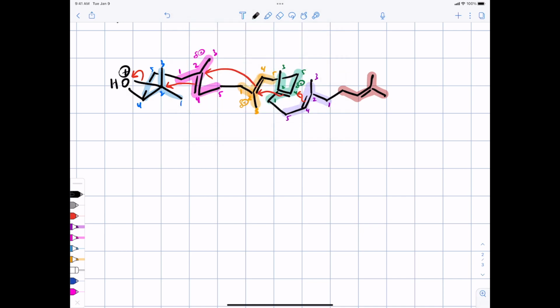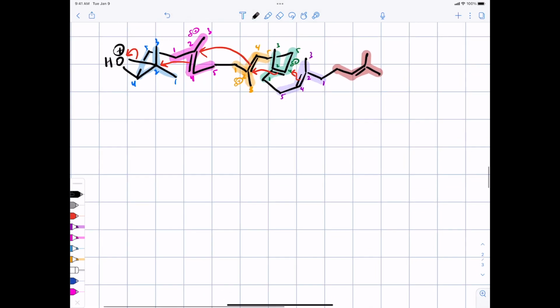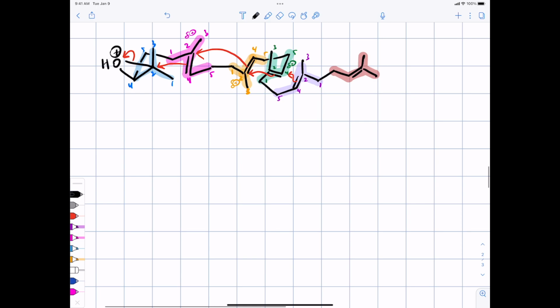So that's the cyclization process, happens all in one sort of concerted step. And again, it's interesting how you have the placement of these pi bonds in just the right places to make 6-membered rings. So let's draw what we've just done.